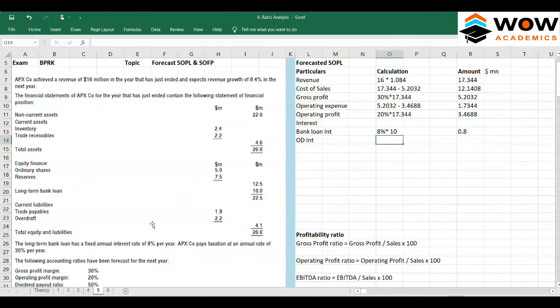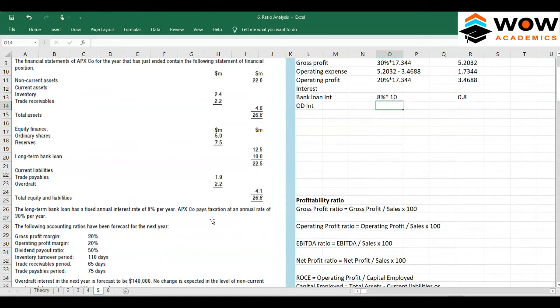Next we'll go to the OD interest. OD is going to be, I think they have already mentioned it, 140,000. So 140,000 should be converted into million.